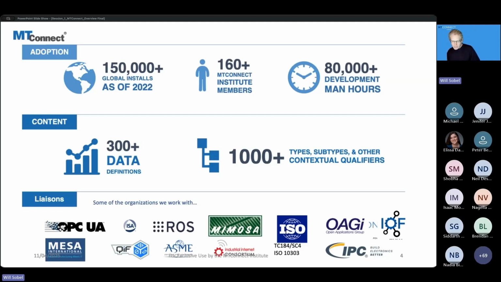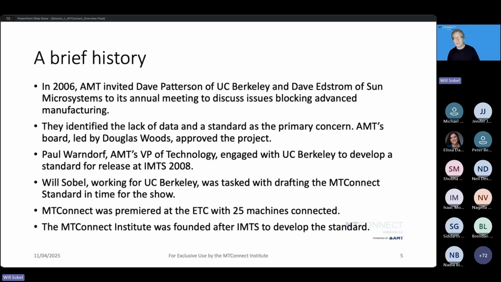If you talk about liaisons, we're liaised with many different standards organizations, including like UA, ROS, the ISO TC184 SE4, which is, if you don't know numbers, that is the STEP standards, all of the geometries that you standardize and pass around between CAD applications and other applications. I also work with OHEI, IOF, and QIF is another one. We've actually introduced that one directly into MTConnect. So we're very social.